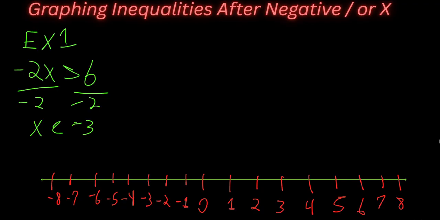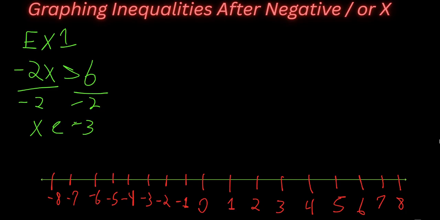So we graph that. x is every number that's less than -3. It's an open circle, and every number less than -3.